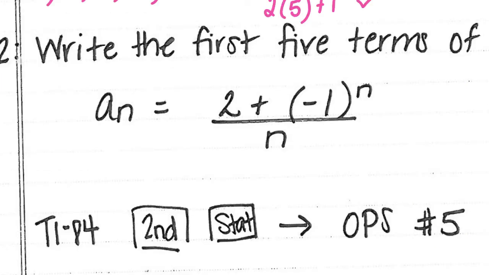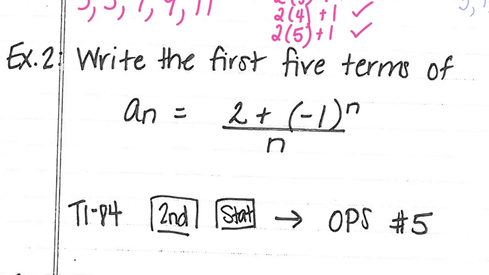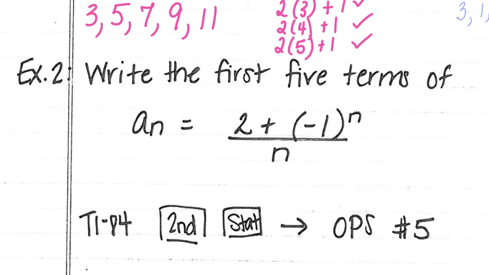So I'm going to throw this in the calculator this time. It says in example 2, write the first 5 terms of a sub n equals, in the numerator, 2 plus negative 1 to the nth power, which we did 2 minus, but now we're doing 2 plus, all over n. If you can see down here, I have it on your TI-84.